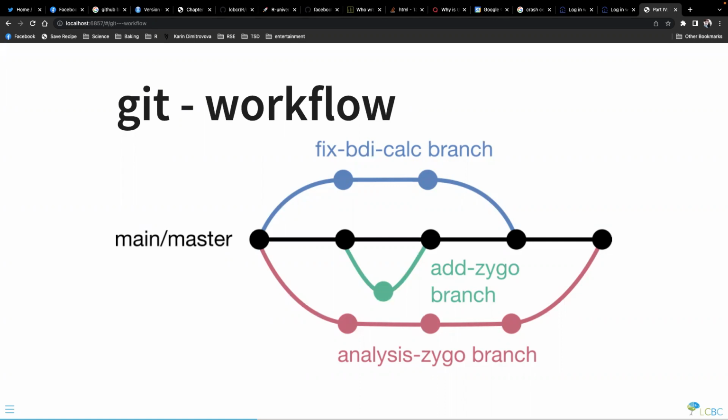And then I create something called a branch, which is like a clone, a copy of the original repository, which is here. And I start working on fixing some depression calculation that wasn't working correctly in my own copy of it. And then Knut takes another copy of the same thing and works on an analysis for zygosity in the twins.